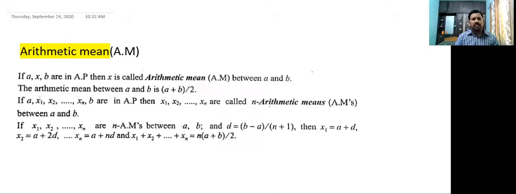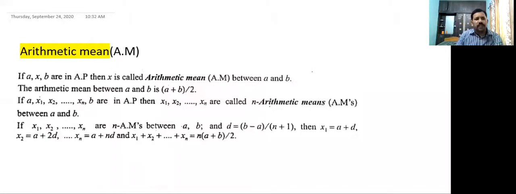Now we are going to discuss sequences and series. Already we have completed the arithmetic progression concept and problems. Now I am going to discuss arithmetic mean. So what is arithmetic mean?